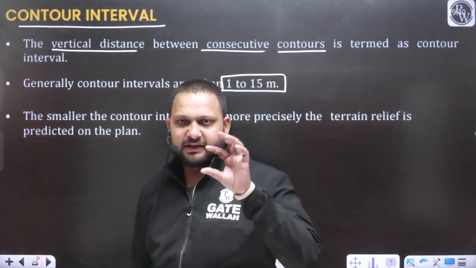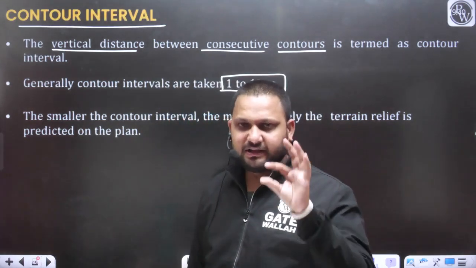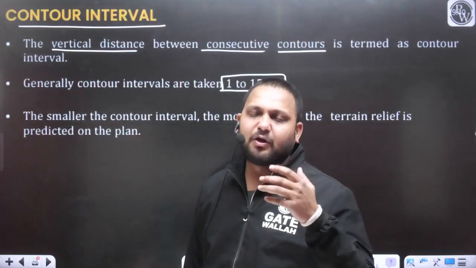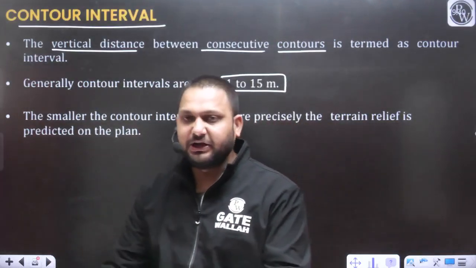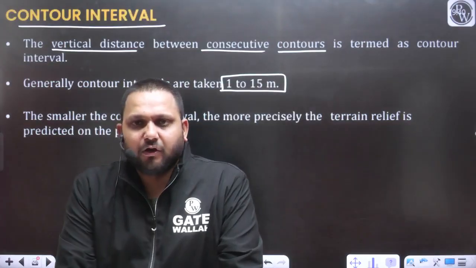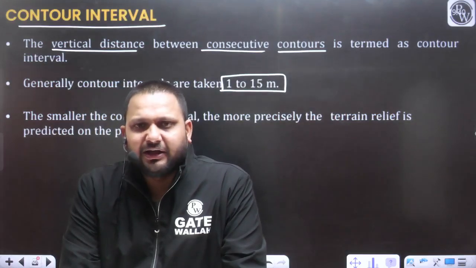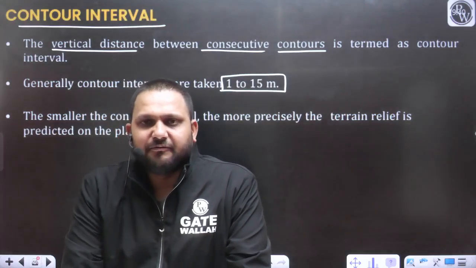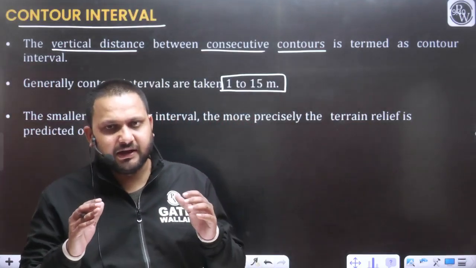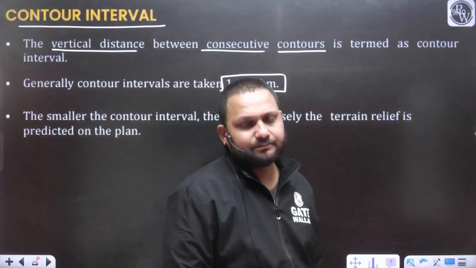Because if we take a small contour interval, the number of observations needed for the preparation of the contour map will be more, and for that we do not have the time. If we have satisfactory time, then we can consider a small contour interval.